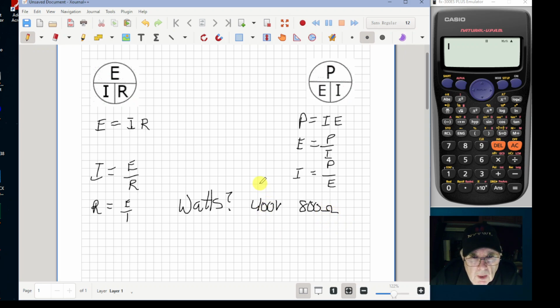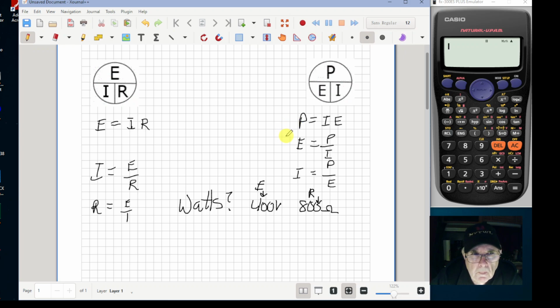Okay, so this is my E value. This is an R value. And they want to know watts. I don't have any R over here. I don't have any current.